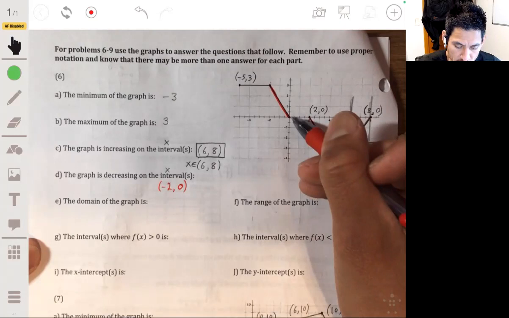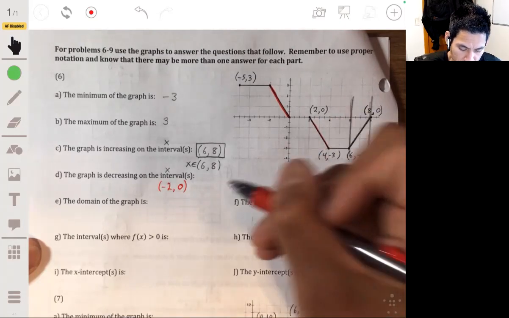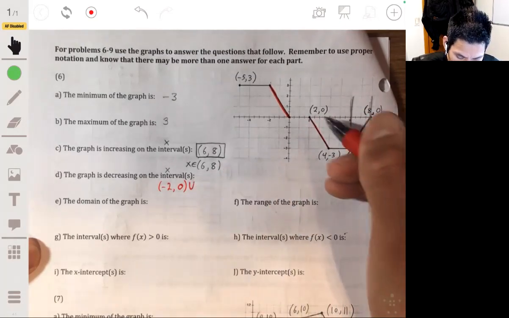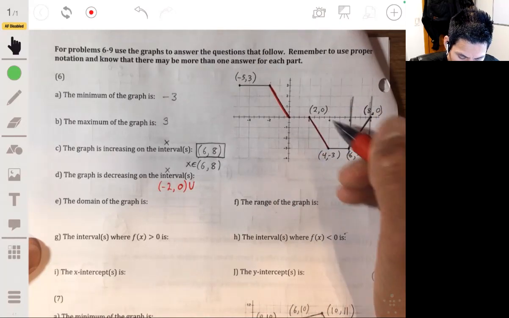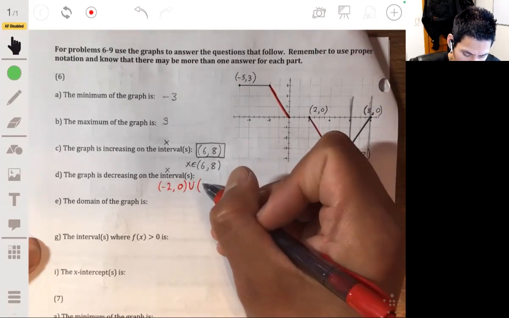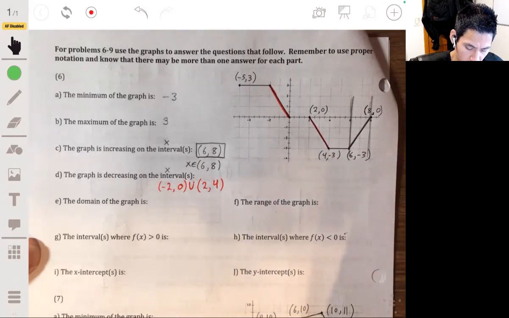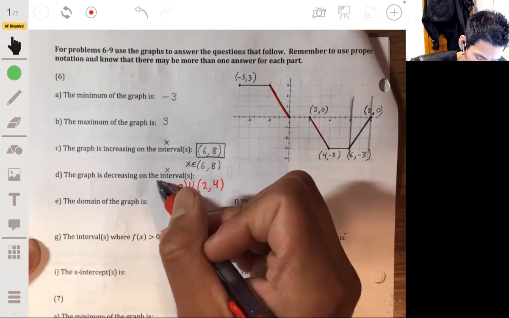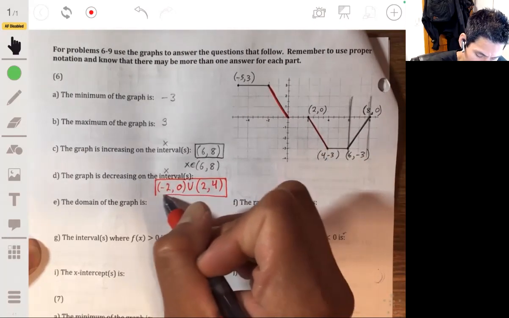Then we skip this part right here, so we put a union, and we start up again when x is 2 up to x is 4. We put (2, 4) again, like that. And then that would be our interval.